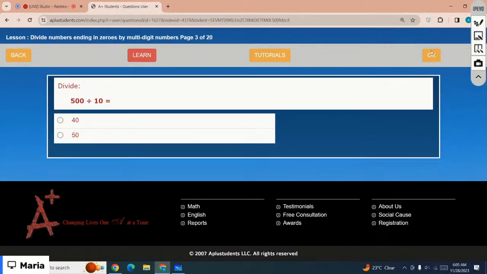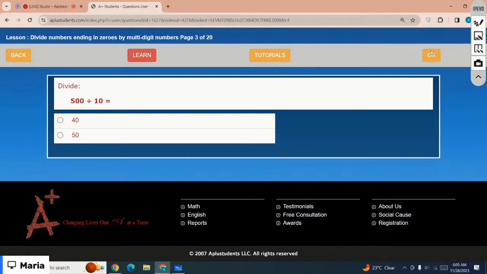500 divided by 10, which is the correct option? Yes, very good.